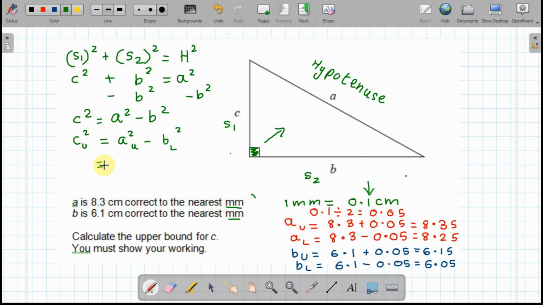So the upper bound of A is 8.35, so I'm going to do 8.35 squared minus the lower bound of B, which is 6.05, squared.